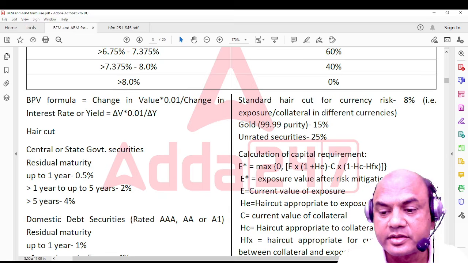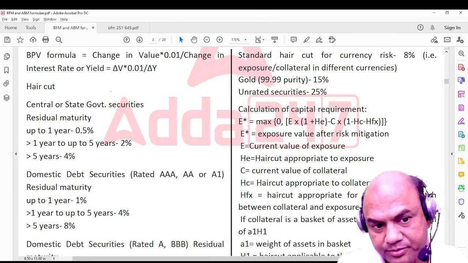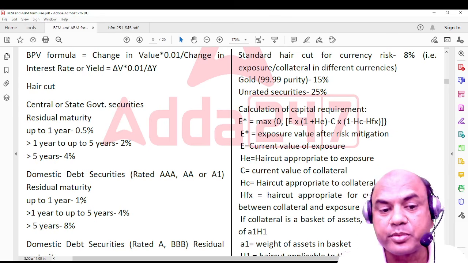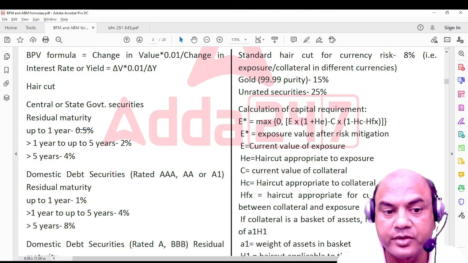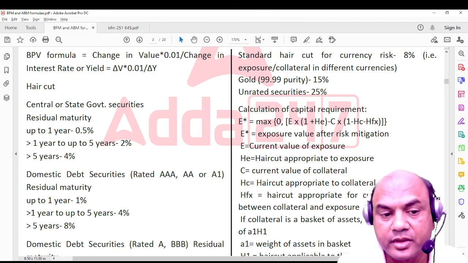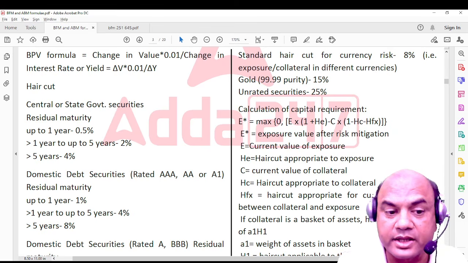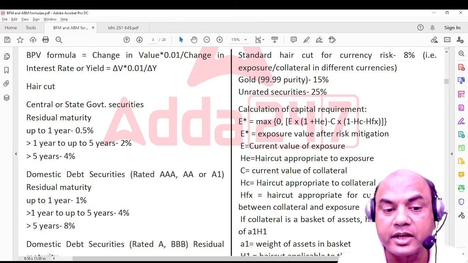Haircut, central and state government securities. Now one thing you note. Central and state government securities, if the residual maturity is up to 1 year, then the haircut applied is 0.5%. If it is 1 year to 5 years, then the haircut applied is 2%. If the maturity is greater than 5 years, then the haircut applied is 4%.